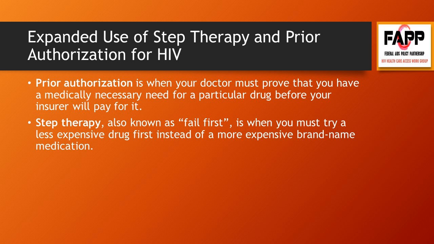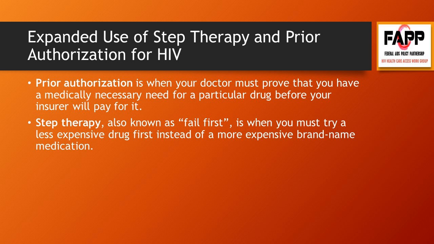To start with the utilization management provision, this is, I would say, the most significant change in terms of impact on access to medications among the 6 protected class groups. The provision of the rule really does weaken the protections that have discouraged utilization management from being applied to the 6 protected classes. We're going to be talking about 2 forms of utilization management in particular that are at issue in the rule. The first is prior authorization, and the second is step therapy. Just a very quick review about what those things are.